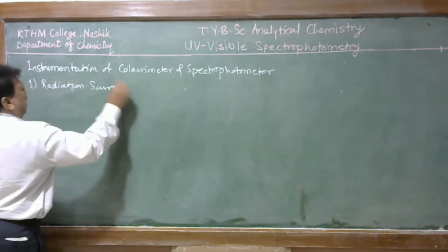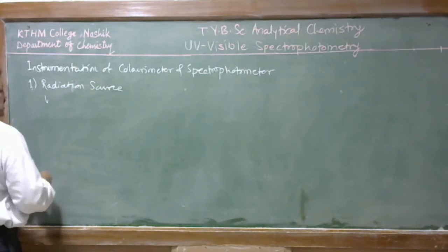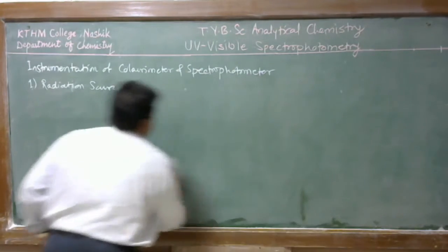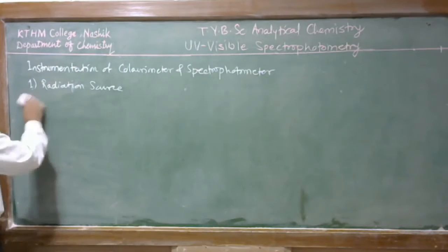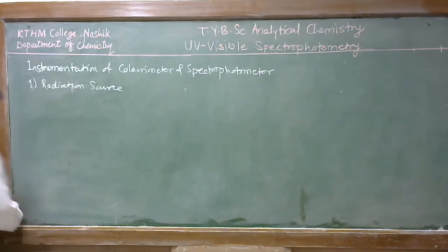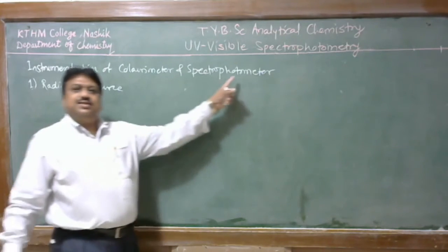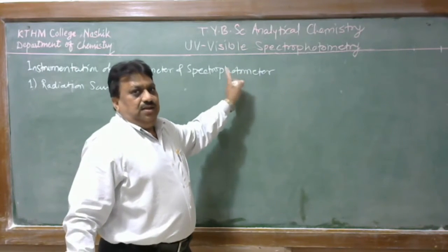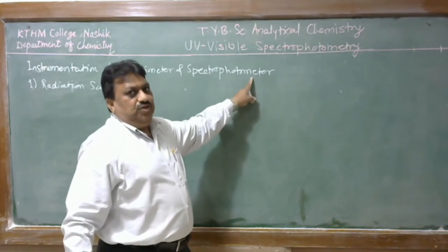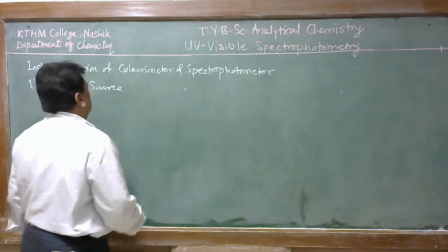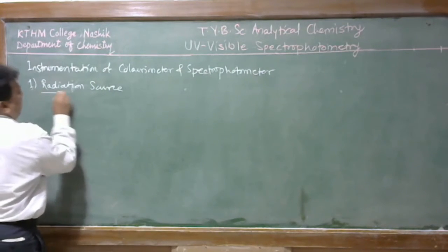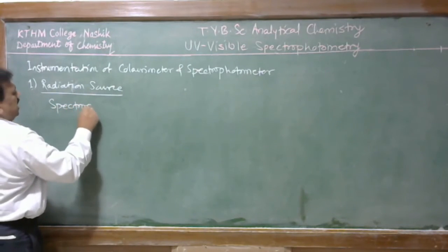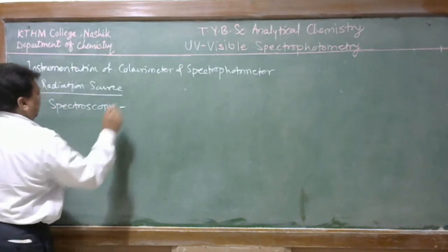We know that for the visible region, the radiation source is a tungsten filament lamp, and for a spectrophotometer there is a requirement of a tungsten lamp as well as the ultraviolet deuterium lamp. Here, if we consider the radiation source in spectroscopy, there are two types of radiation source.